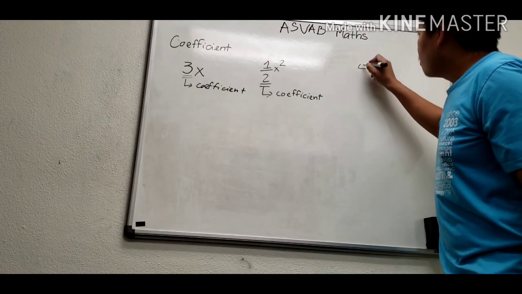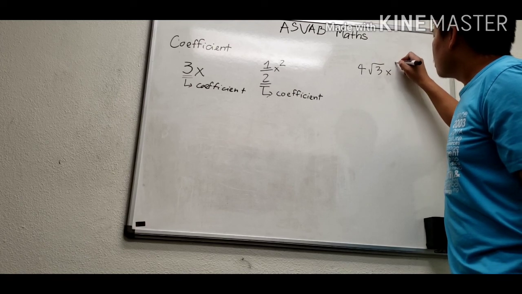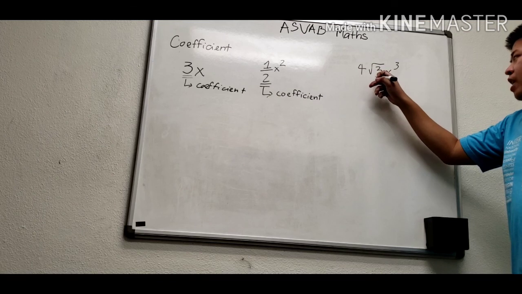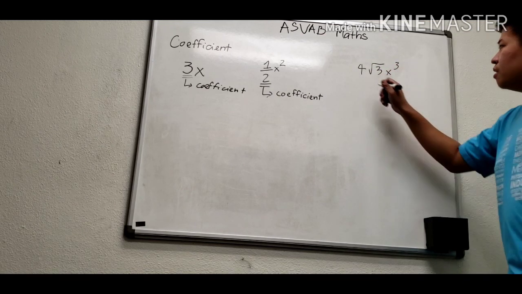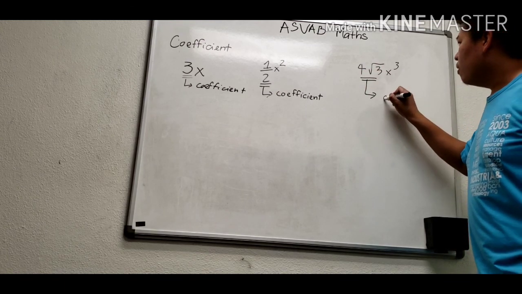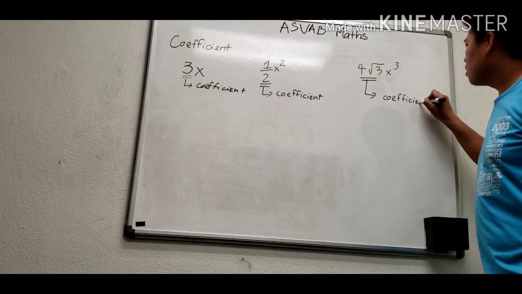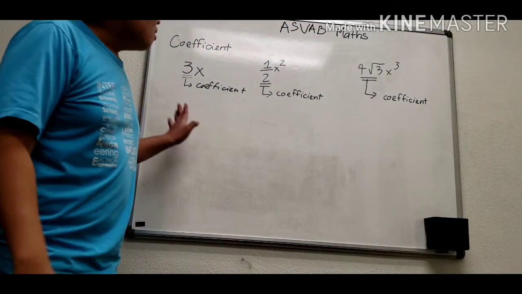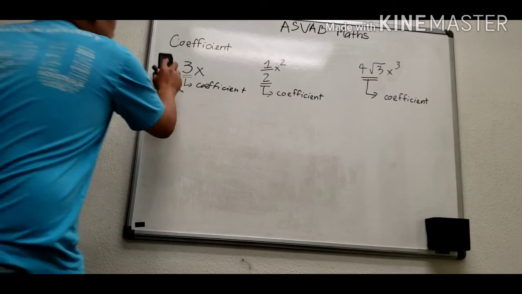Another example: we have 4 with square root 3 multiplied by S power 3. This is also a coefficient. So that we can understand what a coefficient is, I also have a symbol.